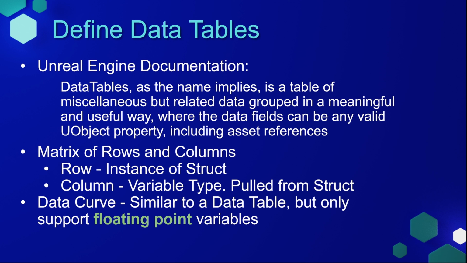A data table is a matrix of rows and columns, and a row is the instance of a struct, and the column is the variable type when pulled from that struct. There's also one other type of data table, which is a data curve, which is similar to a data table, but it only supports floating point variables. These can also be useful when you want a struct that only contains floats.